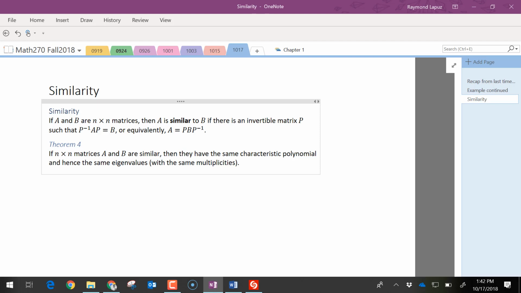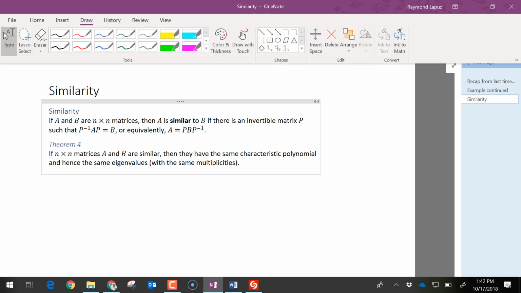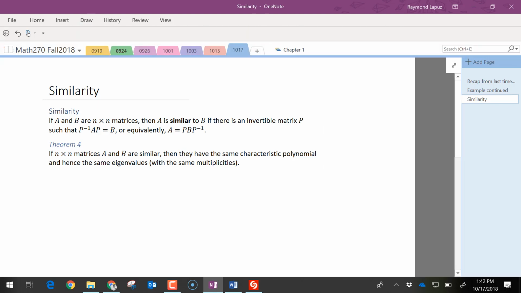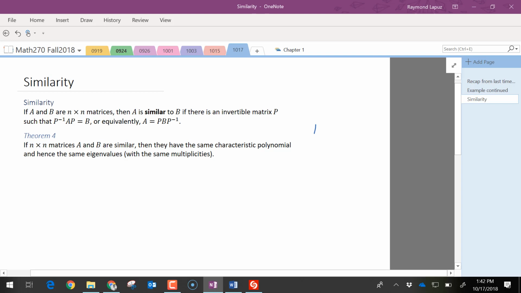In some textbooks, they actually use a different equation for similarity, and sometimes they use, let's see, PA equals PB.